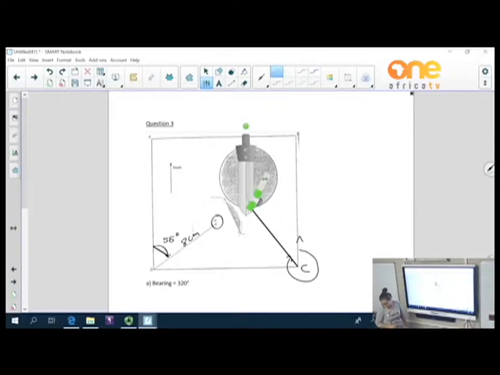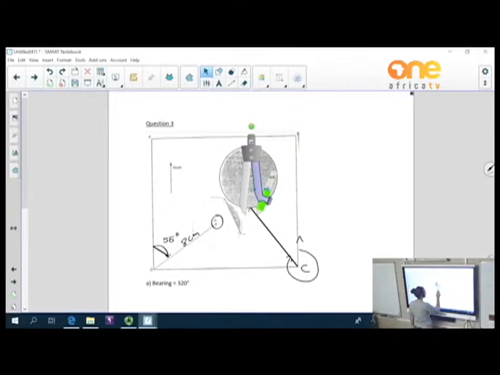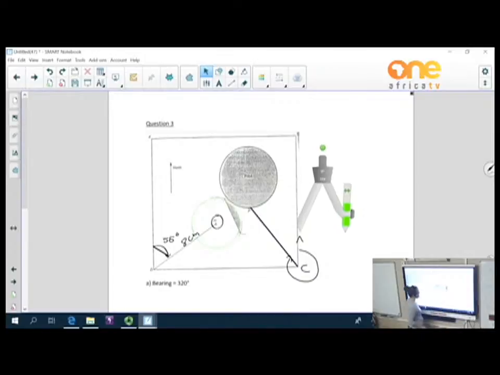You will draw the locus of points 25 meters from M, that will be 2.5 centimeters, so there is the locus of points 2.5 centimeters from M. Measure that on your ruler, 2.5 centimeters.